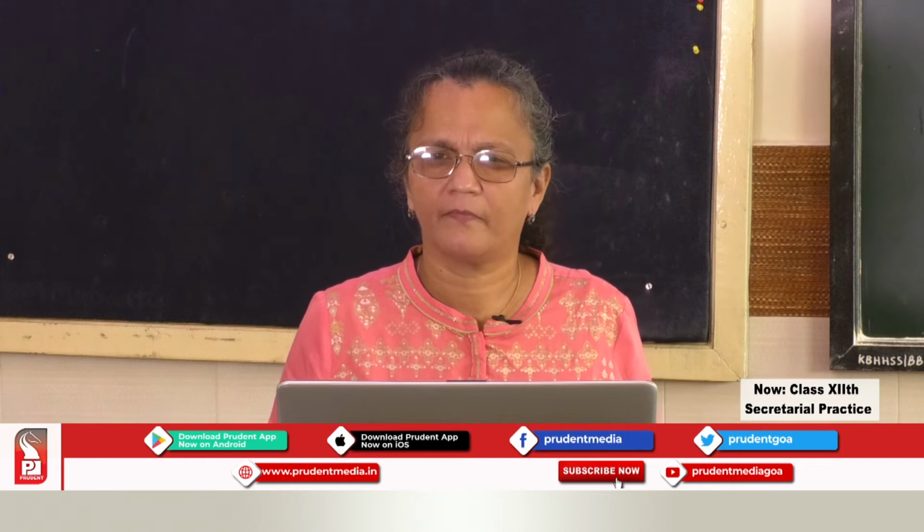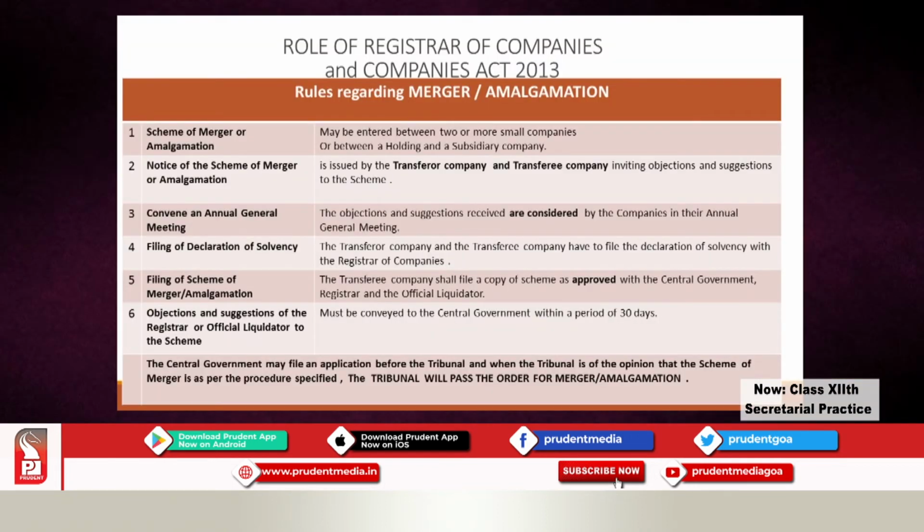Next, objections and suggestions of the Registrar and official liquidator to the scheme, if any, must be conveyed to the central government within a period of 30 days.